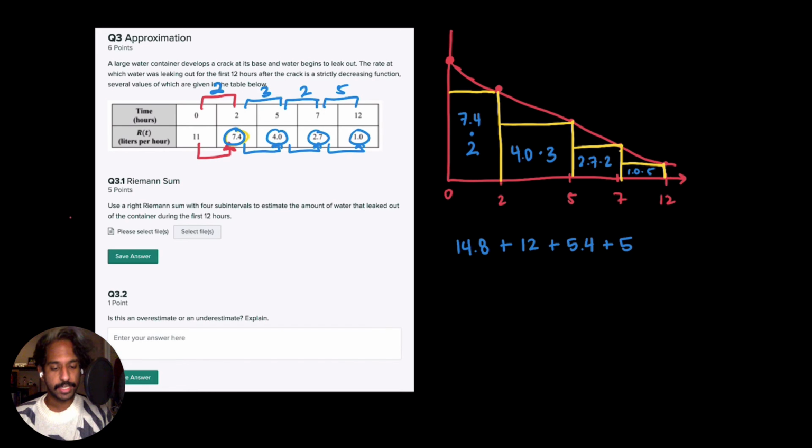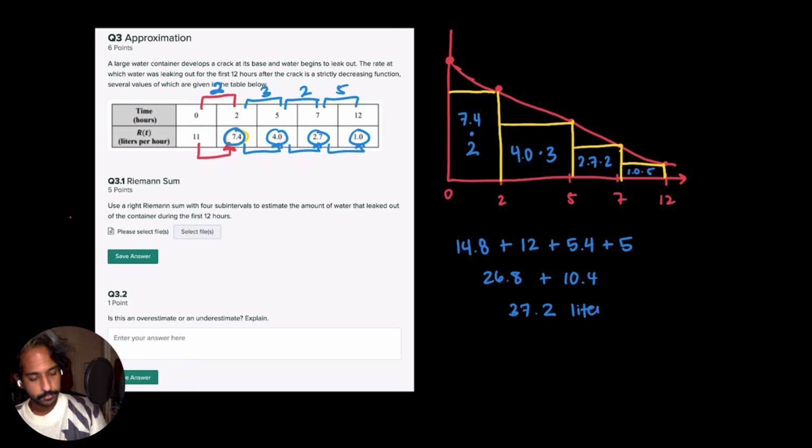So we'll add these together. 14.8 plus 12 will give us 26.8. 26.8 plus 5 plus 5.4 is 10.4, and these two added together will give us 37.2. And so the amount of water that's leaked out in the first 12 hours, in proper units, is 37.2 liters.